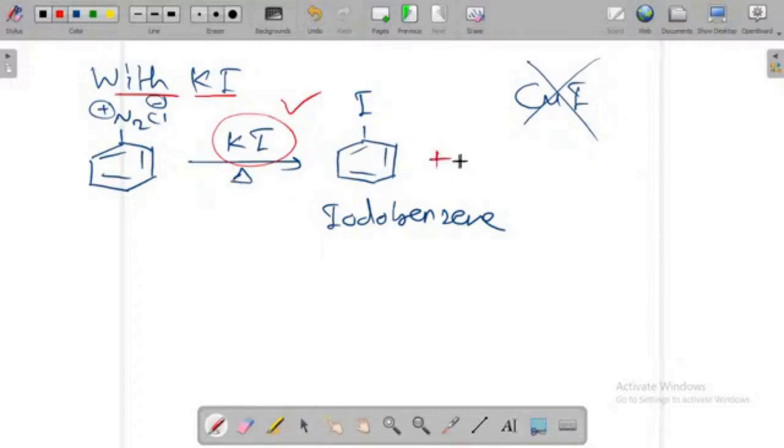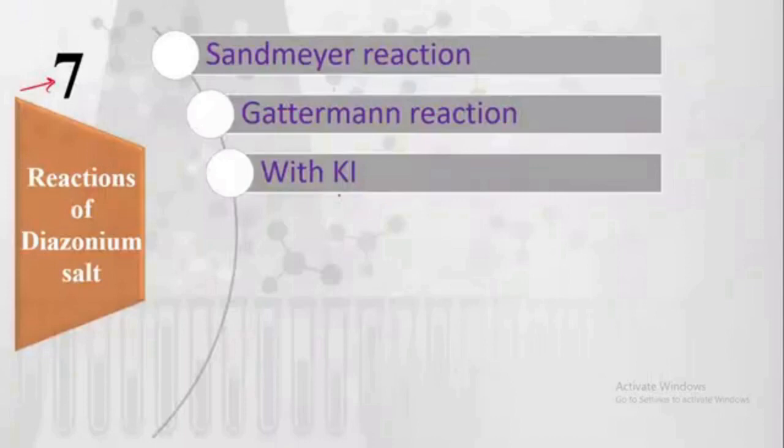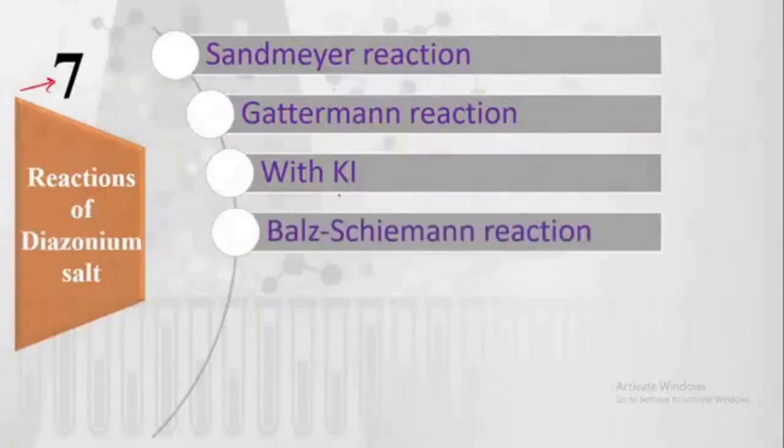The byproducts are potassium chloride and nitrogen. We'll see the next reaction: the Balz-Schiemann reaction.